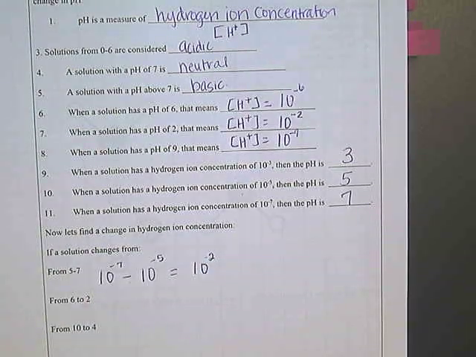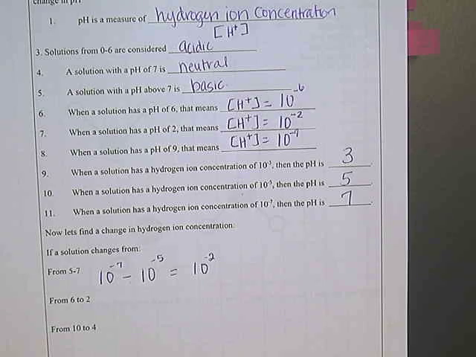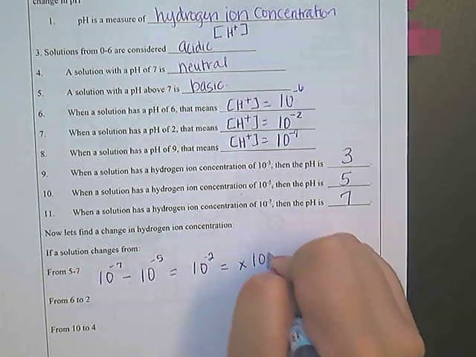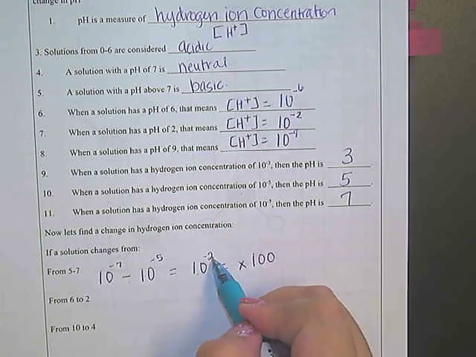Now, in biology, we do this as factors. Think of it like the absolute value. So if I were to ask you, how much does the hydrogen ion concentration change by, in this case, you would say it's a factor of 100, so 10 to the 2.